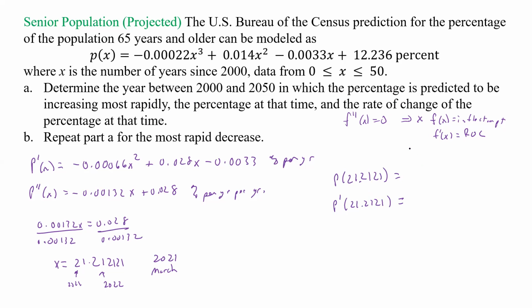So if we plug those in, we'll take negative 0.00022 times 21.2121 to the third, plus 0.014 times 21.2121 squared, minus 0.0033 times 21.2121, and then plus 12.236. And we get with that one 16.366%.